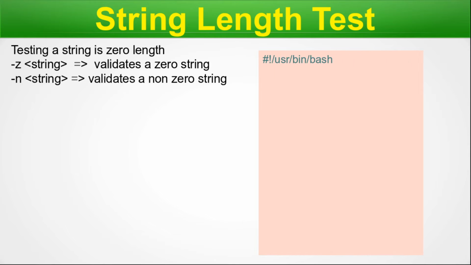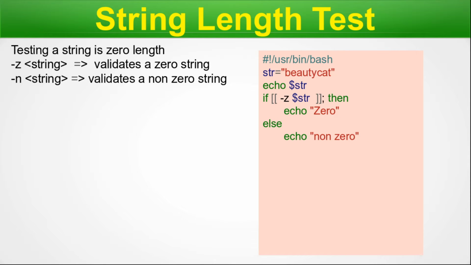We start our script here, hashbang /usr/bin/bash, then we write str equal to beautycat. Then we write our if command, within double square brackets we write -z, then $str, then the then keyword, and then we write echo 0, else we write echo non-zero, and we close the if.